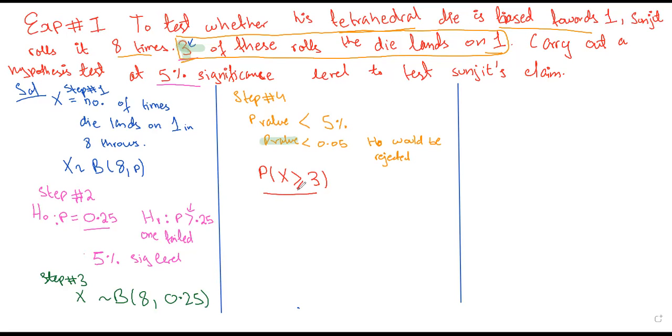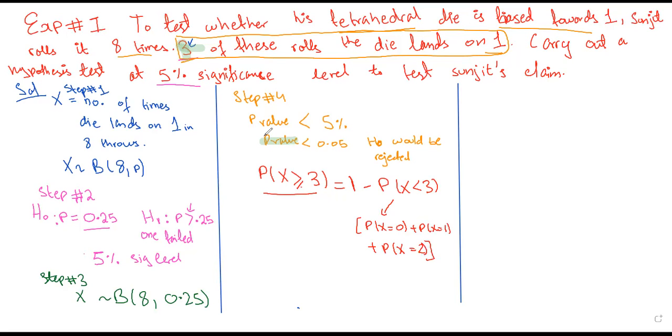It is greater than or equal to 3. We don't know how to do things this way. We will take 1 minus probability of X less than 3, right? And then for this part, we'll just do probability of X equals 0 plus probability of X equals 1 plus probability of X equals 2.